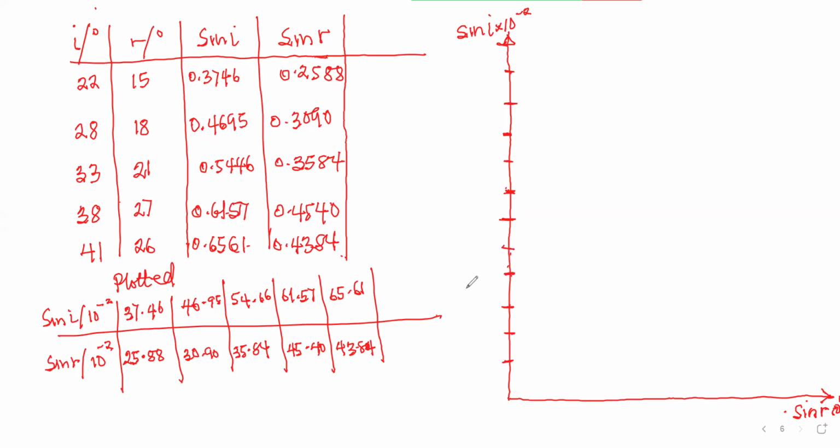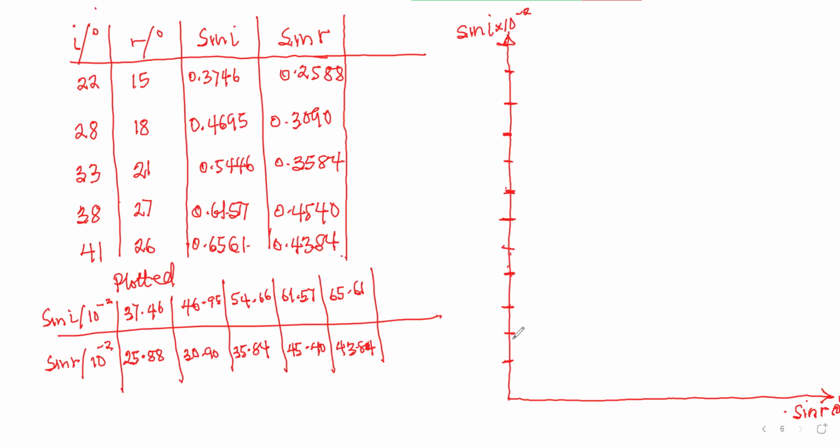Now your graph must always cover about 2/3 of the page, meaning vertically, if I divide this whole 12 divisions into 3, my graph must cover 2 or 3/4.